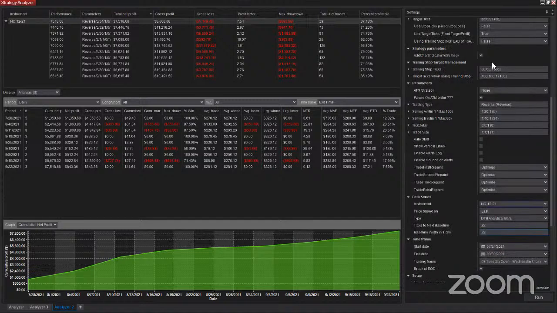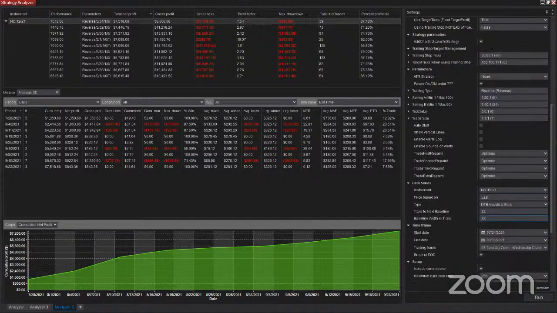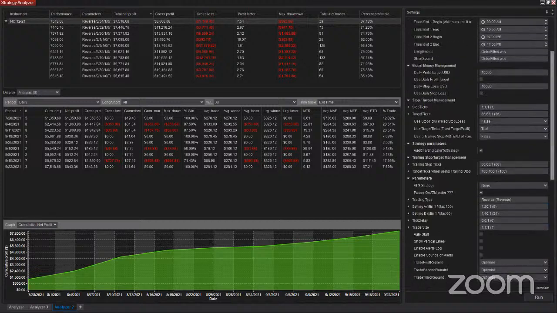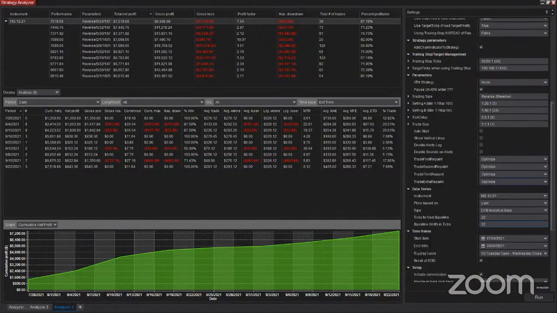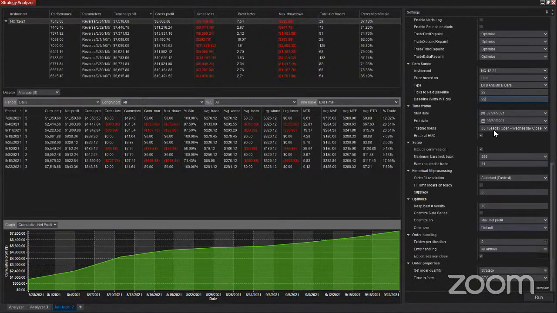From the top, from that section over there, I used target ticks of 66. And I used very specific trading hours of Tuesday open to Wednesday close.